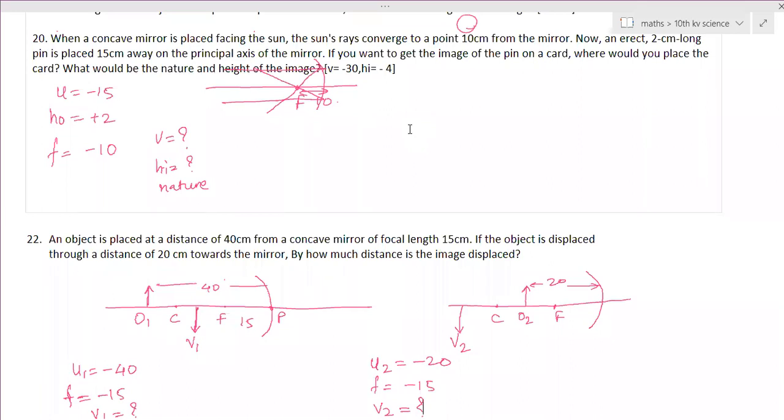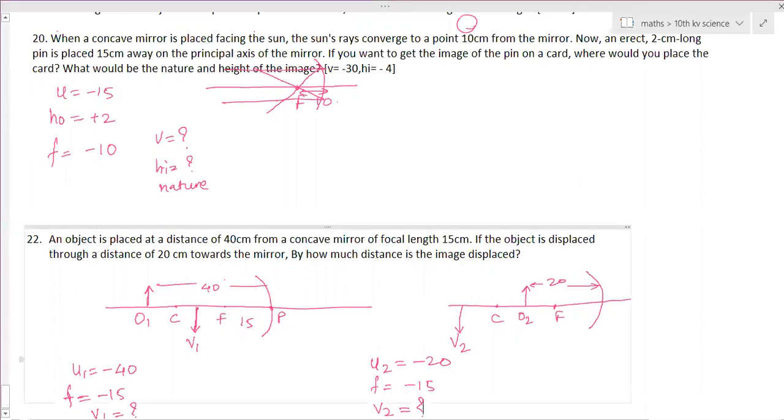Ma'am, I just wanted to know about the normal drawn to the center of curvature. Anish, what were you asking? Normal to the center of curvature.